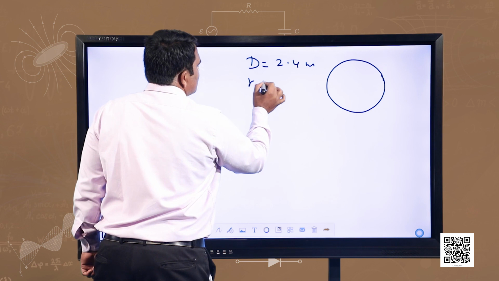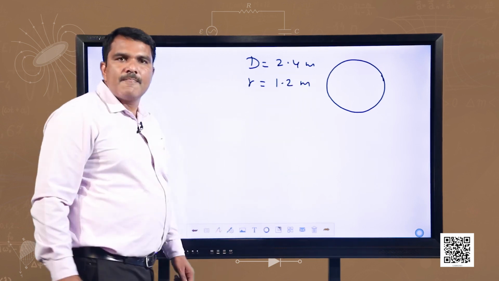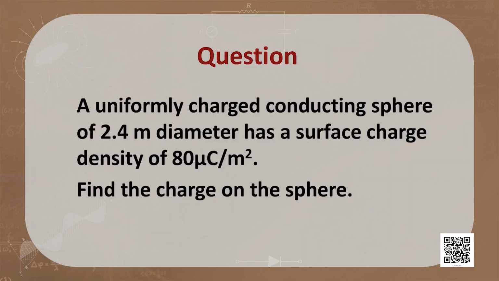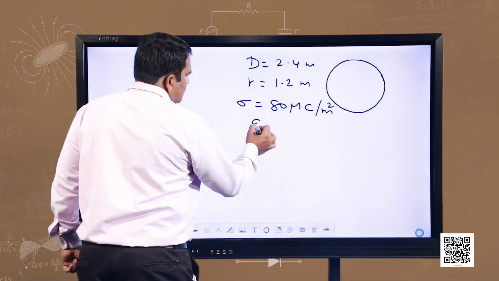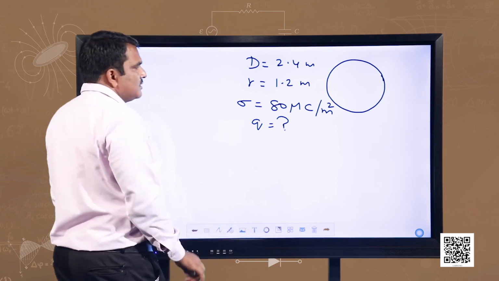So, the radius of the sphere becomes 1.2 meter and it has a surface charge density sigma of 80 microcoulomb per meter square, and you have to find the charge on the sphere.